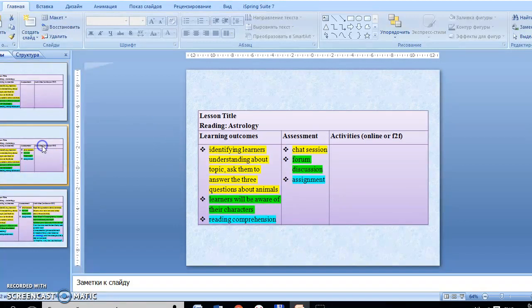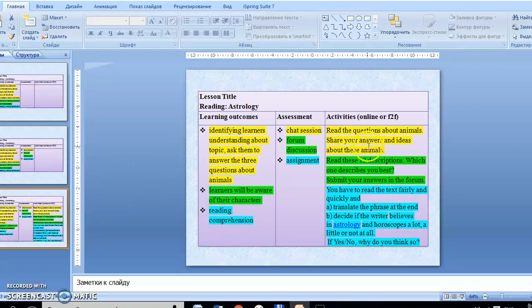And then it follows with assessment forms: for the first one it is a chat session, and the forum discussion and assignment. The activities will be online and face-to-face.